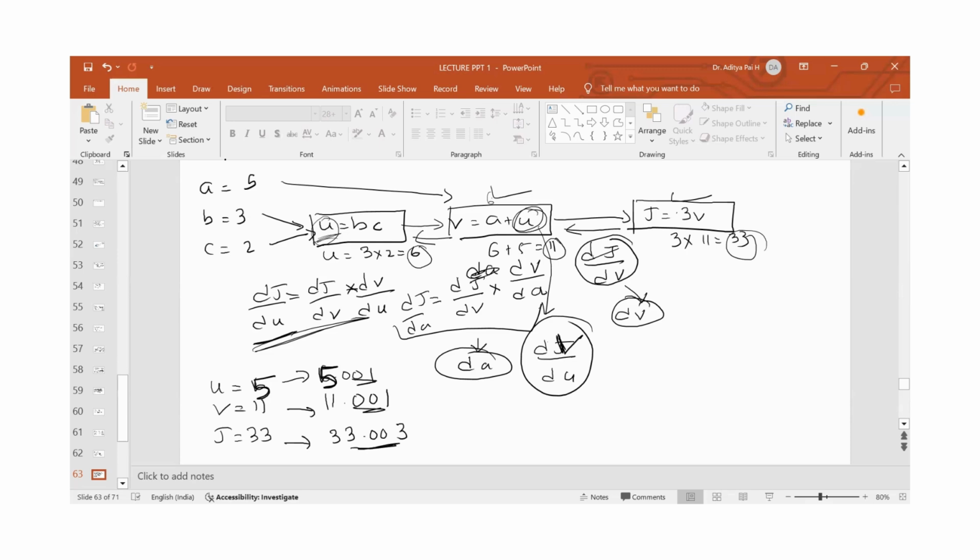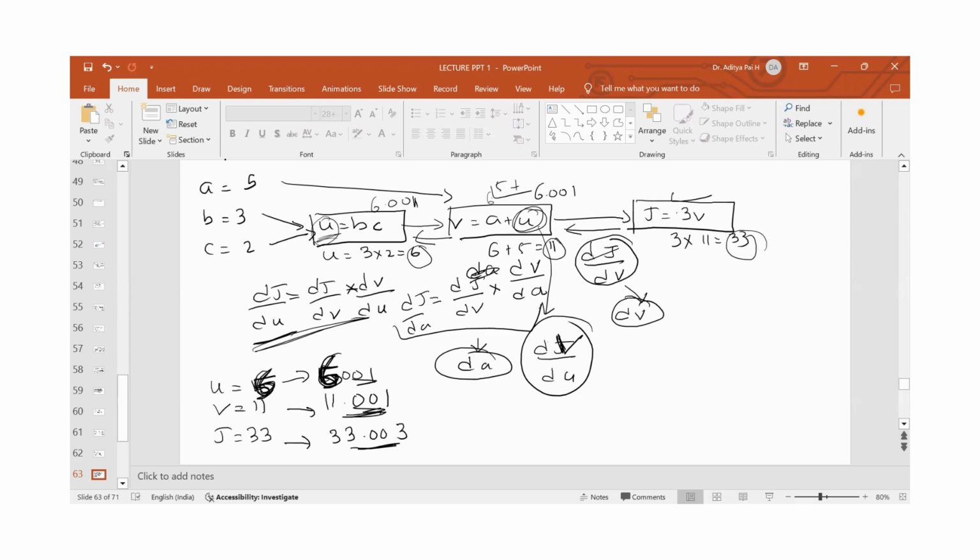So what you're getting to know is that if I'm changing the value of u from 6 to 6.001, then my v value will be 6.001 plus 5, which is equal to 11.001.